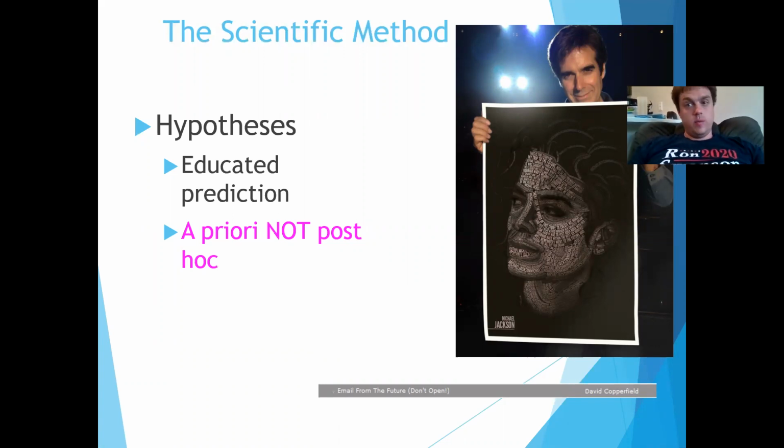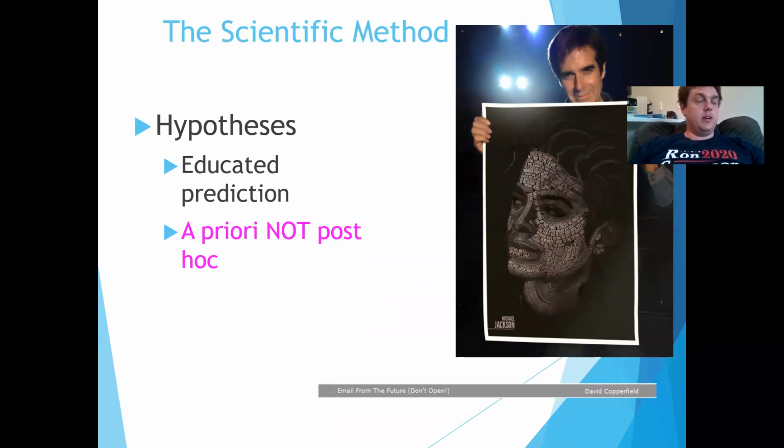And again, I want to emphasize that hypotheses should come before you collect your data, not after. That's not to say they can't be based on, or actually they should be based on prior work, prior data. But specifically, the hypothesis should come before you collect your data.